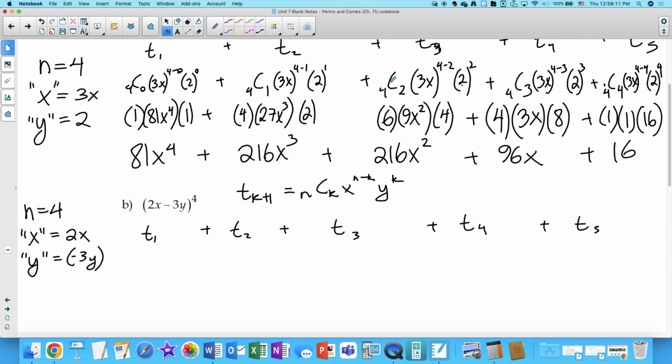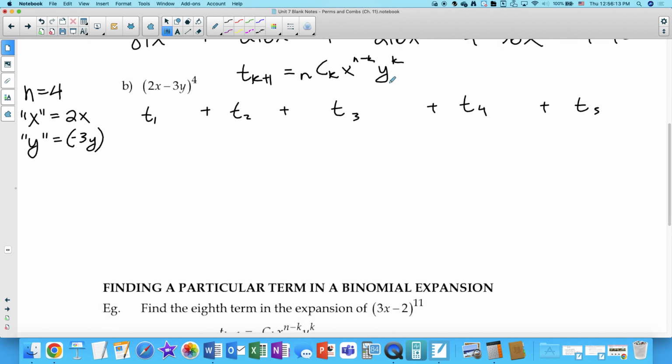So you could do something like that, where this first term is 4 choose 0 times 2x to the 4 times negative 3y to the 0. Okay. The second one will be 4 choose 1 times 2x cubed times negative 3y to the 1.